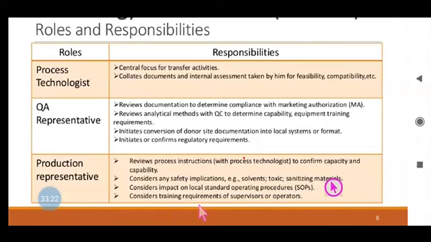Then he would consider training requirements of supervisors or operators. If the new technology has been transferred to a manufacturing plant, obviously the operators or the supervisors working in the plant will require training, because they won't have that process which is the existing process.